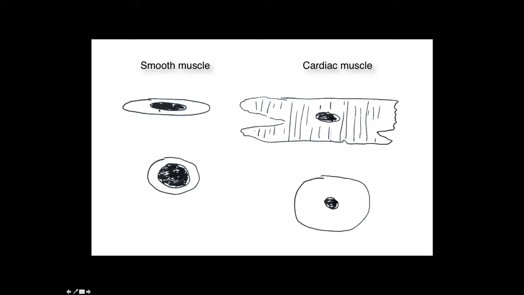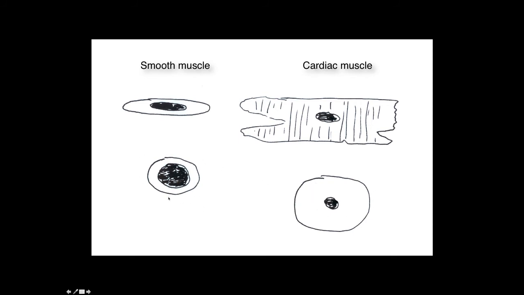Here would be an example of a smooth muscle cell cut longitudinally and in cross section. Here is a cardiac muscle cell cut longitudinally and in cross section. And I put this in because I want to make a point. Even though the cardiac muscle cell would be a larger cell in relation to the smooth muscle cell, what I want you to look at is the nuclear to cytoplasmic ratio.